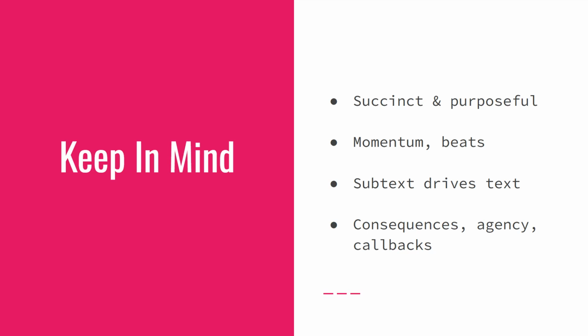And unlike traditional dialogue, when you are writing interactive dialogue, give the player the opportunity to express themselves with agency. That is, things that actually make things happen and have consequences. Like real consequences.